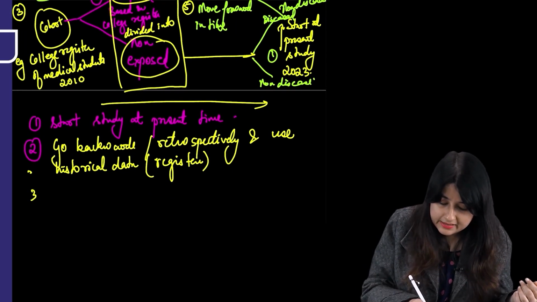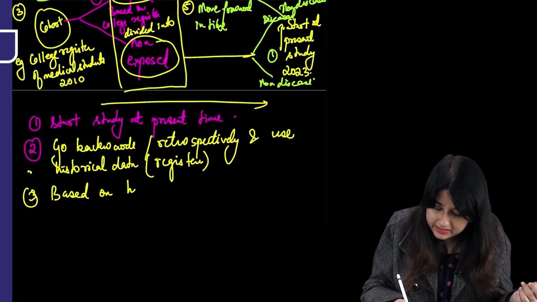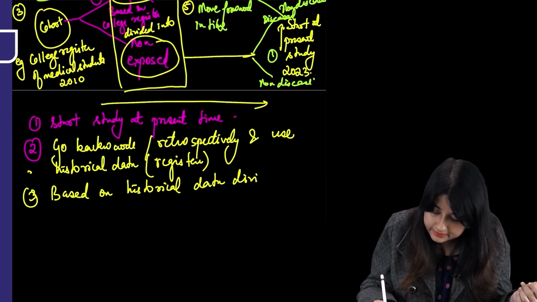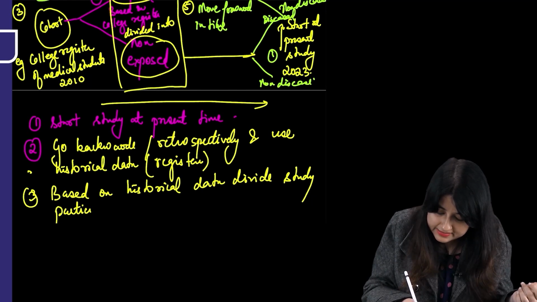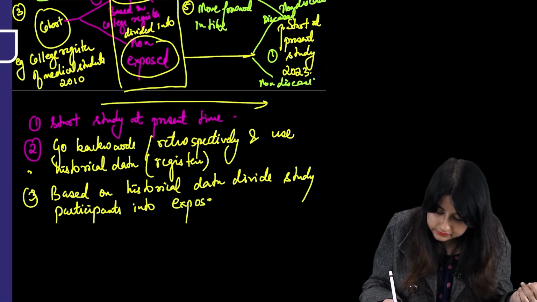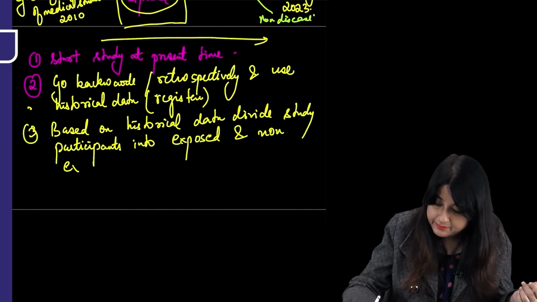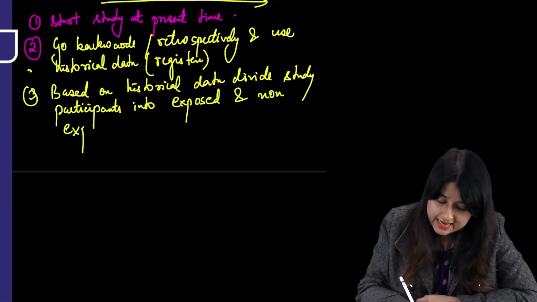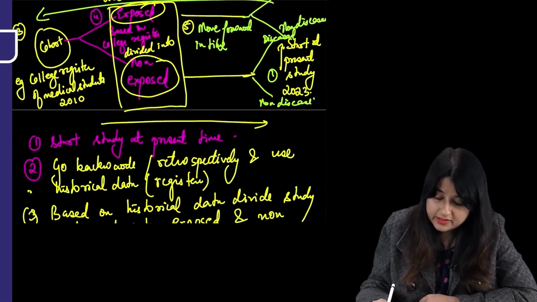Okay, and then the third step is, based on historical data, divide study participants into exposed and non-exposed groups.